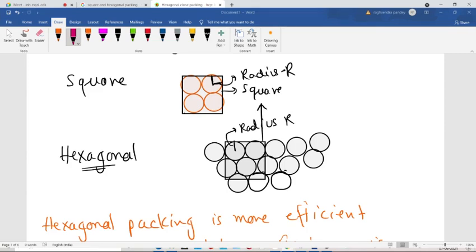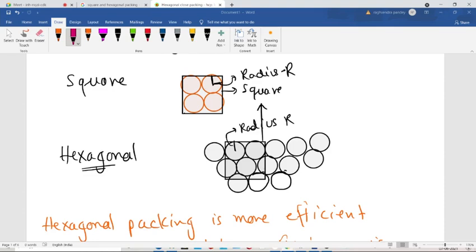That is called AB arrangement of the hexagonal layers. So this is your A layer, then B layer, then A layer, then B layer. It is called AB because an A layer is superimposed on another A layer, and the B layer is superimposed on another B layer.